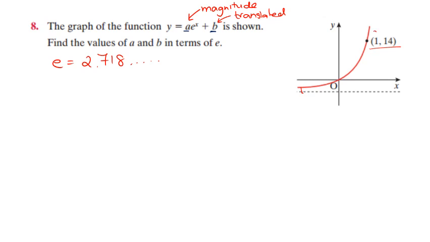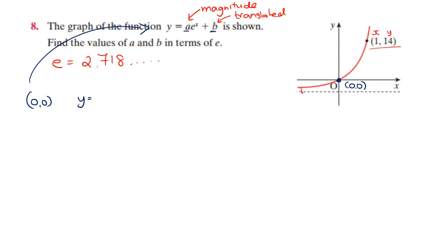So that means that when x is 1, y is 14. But we've also been given another point here, 0, 0. So when x is 0, y is 0. What I'm going to do is use those pieces of information and sub them in to the function and find out what the values of a and b are.